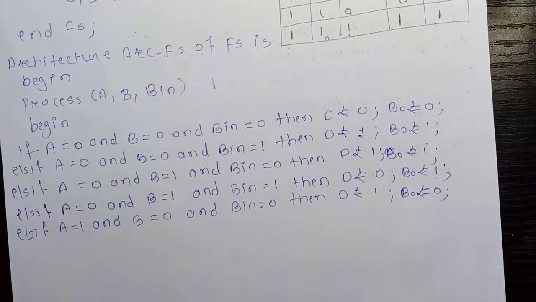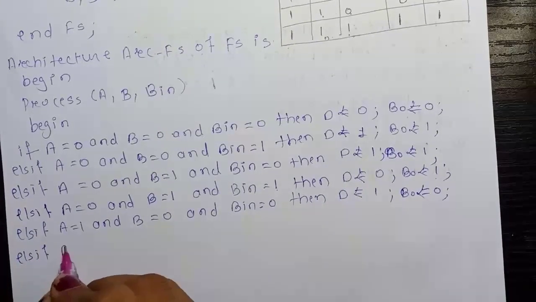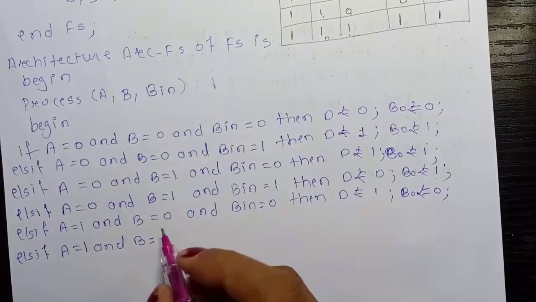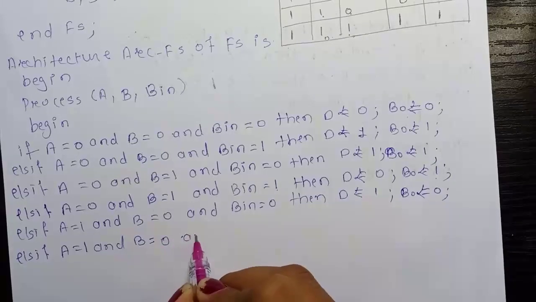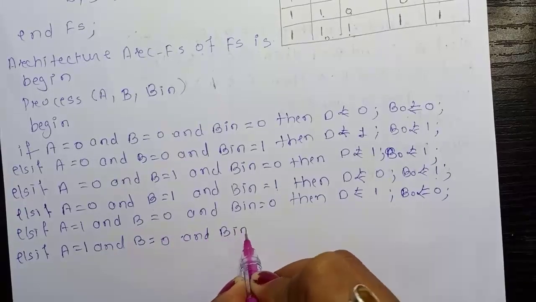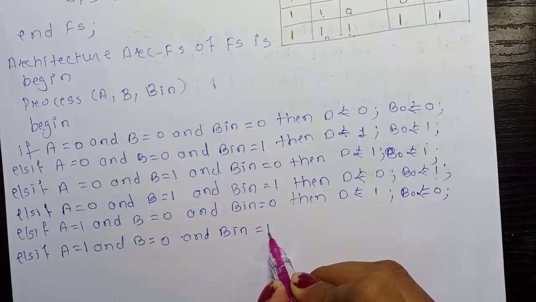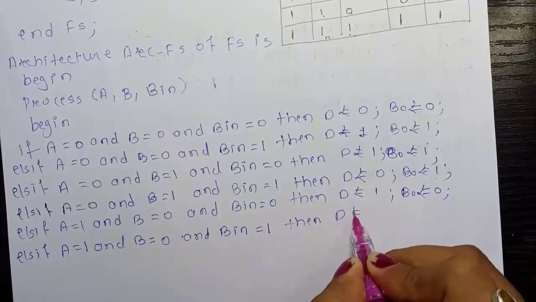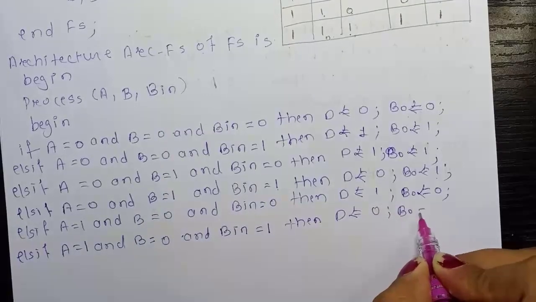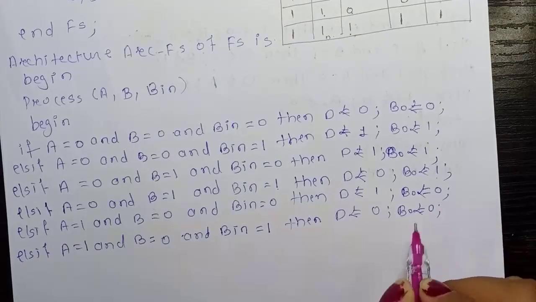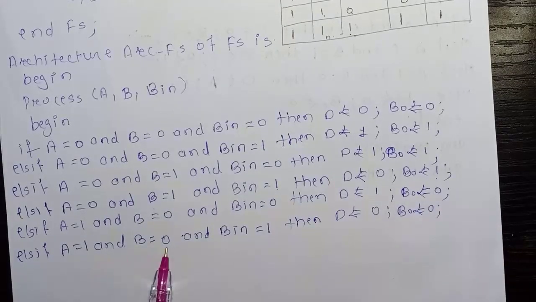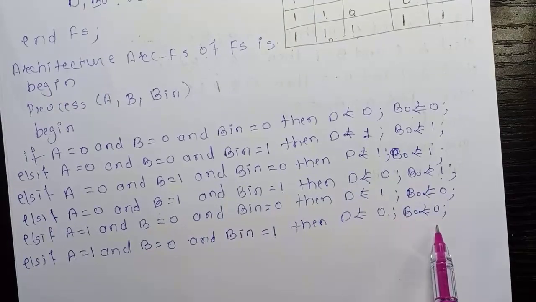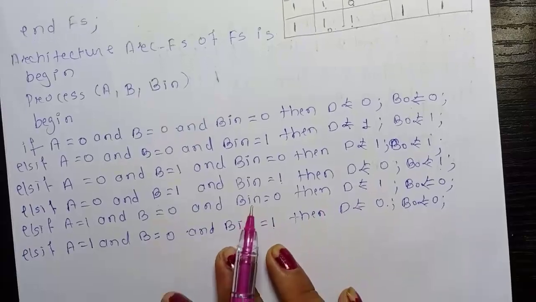Okay, then again next condition is if first input is 1, second input is 0 and borrow in is equals to 1, then difference is 0 and borrow out is again 0, because 1 minus 0 is 1, that 1 is again subtracted with this 1, that's why difference is 0. No borrow here, so borrow is 0.